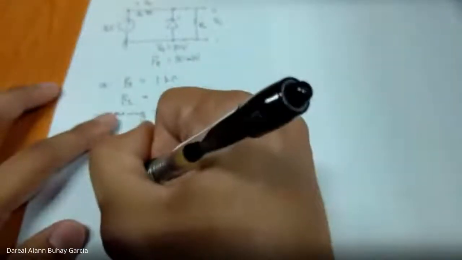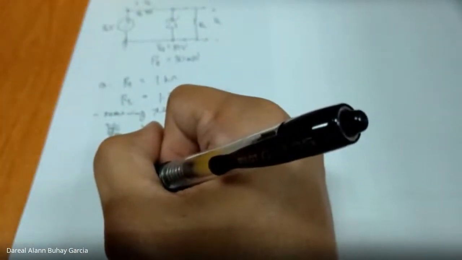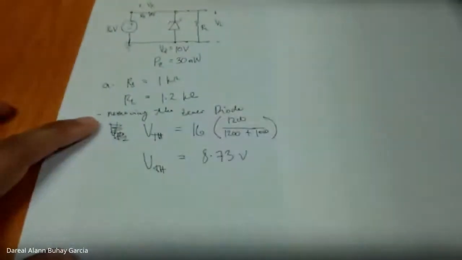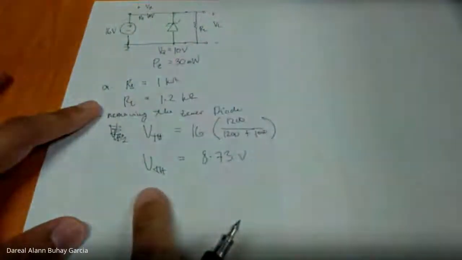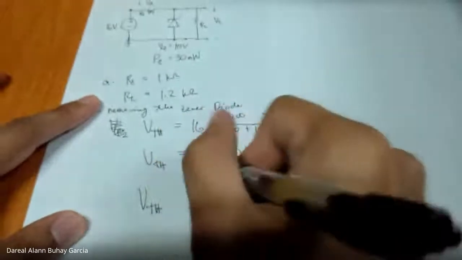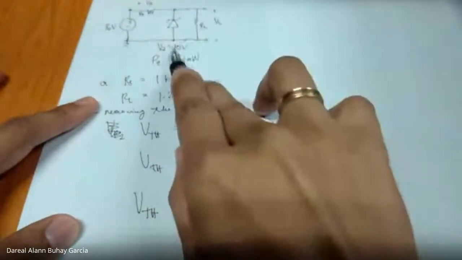Now, ang important thing atong i-remember when we deal with Zener diodes is kanaya. If VTH is less than VZ, the given VZ, no?